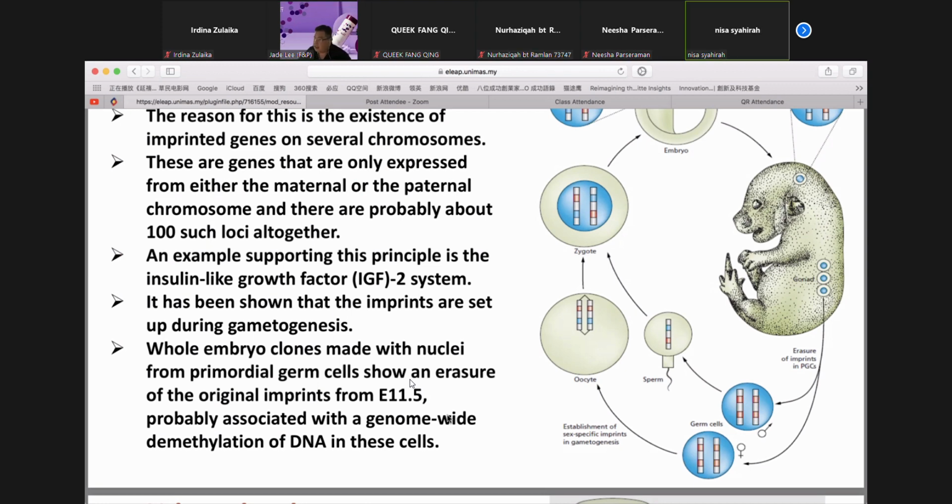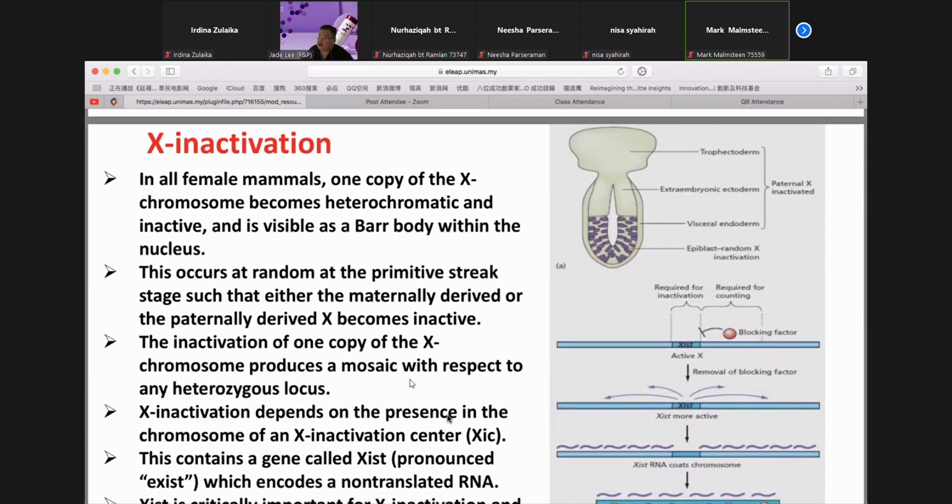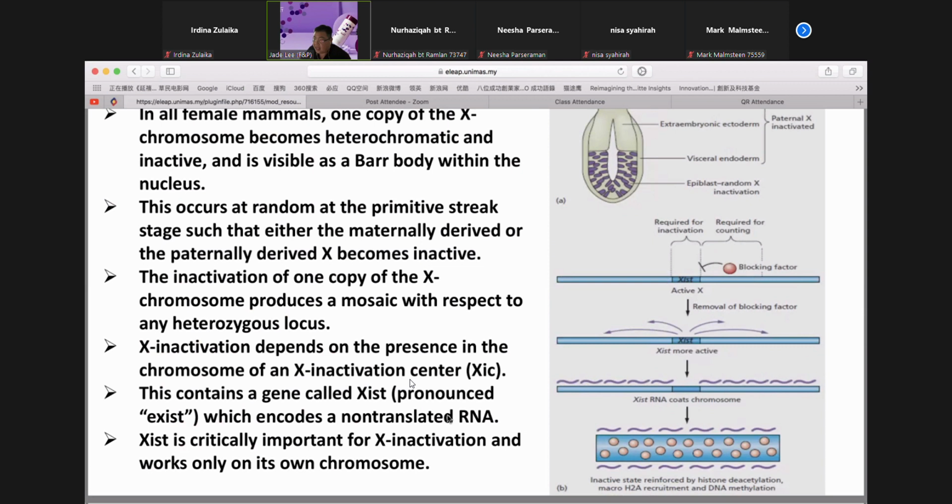Okay, good. So kalau kita tengok X inactivation, for all female mammals, only one copy of the X chromosome becomes heterochromatic and inactive, and is visible as the Barr body within the nucleus. This occurs at random at the primitive stage, such that either the maternal-derived or the paternal-derived X becomes inactive.